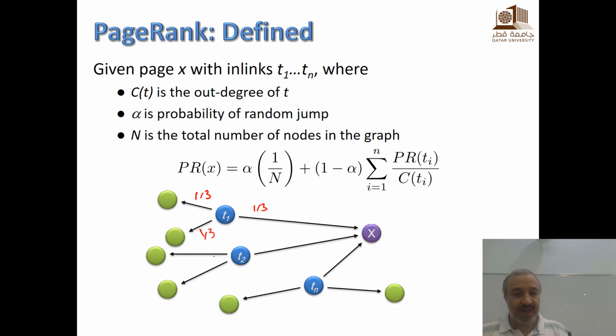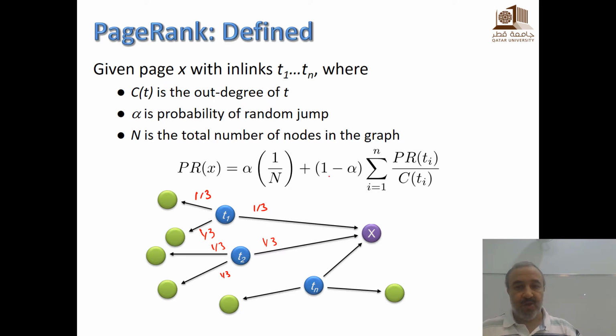T2 also has 3 links, so 1/3 here, 1/3 here, 1/3 here. Okay, and so on. So you will see that the contribution that is coming to X is related to how many outlinks each of the neighbors, the inlinks to me, has.